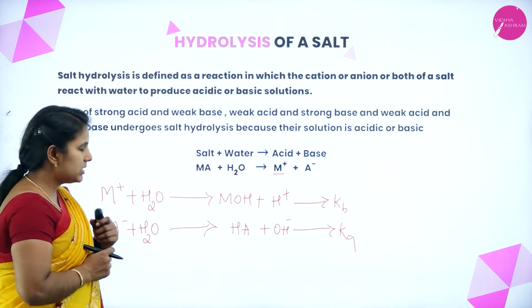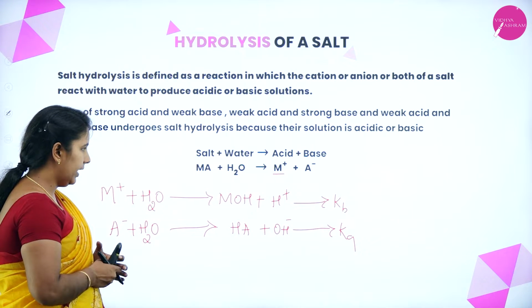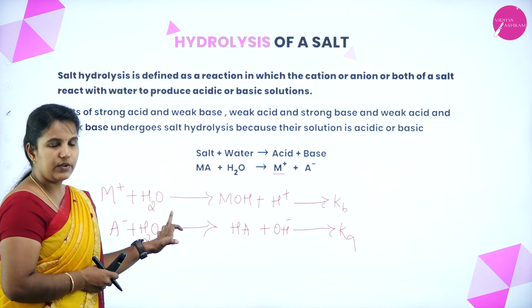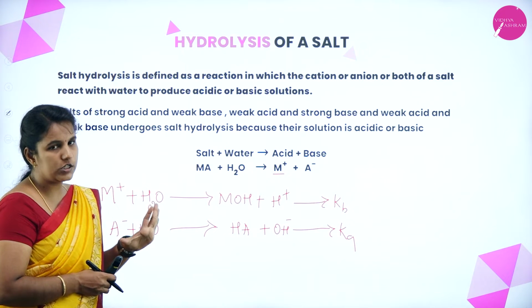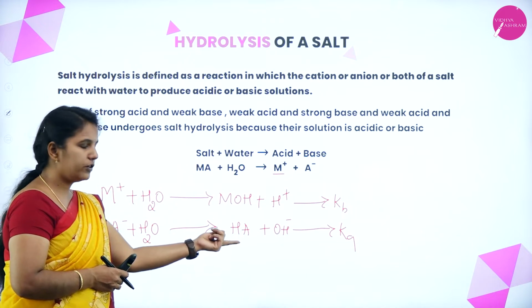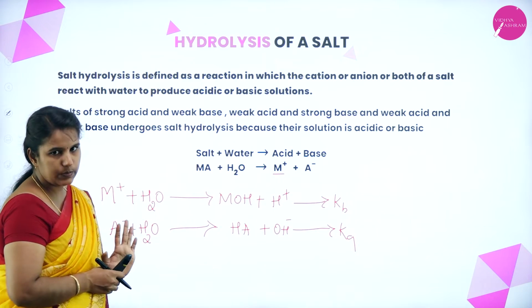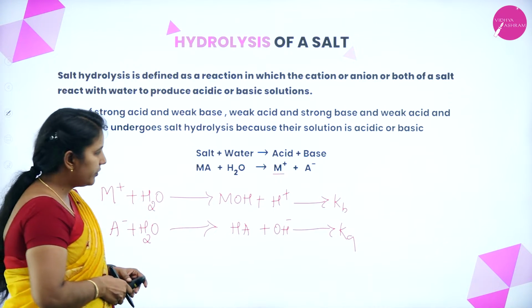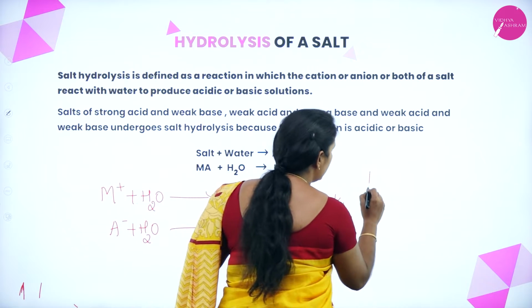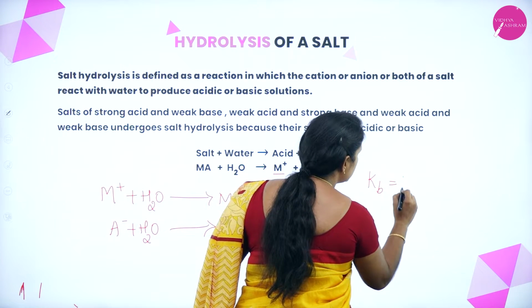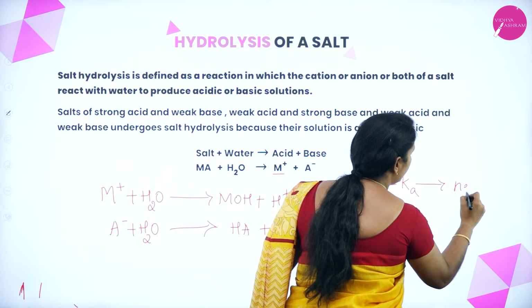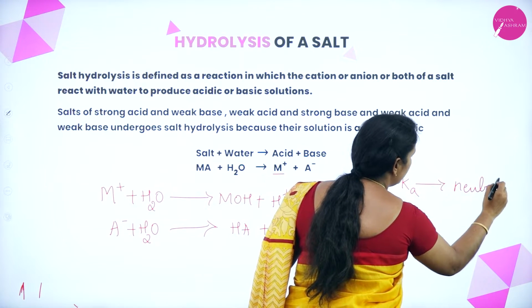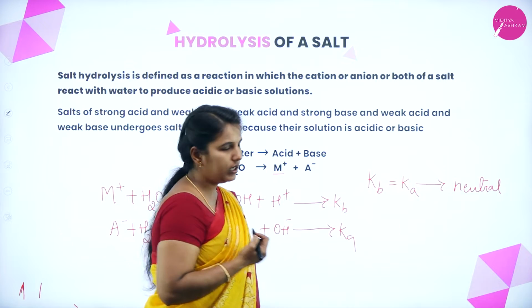So if you see this, you can clearly understand that the first equation is the dissociation constant of a weak base, and the second is the dissociation constant of a weak acid, which dissociates to give HA and MOH respectively. From this I can say that if the Kb value is equal to the Ka value, then the solution will be neutral.